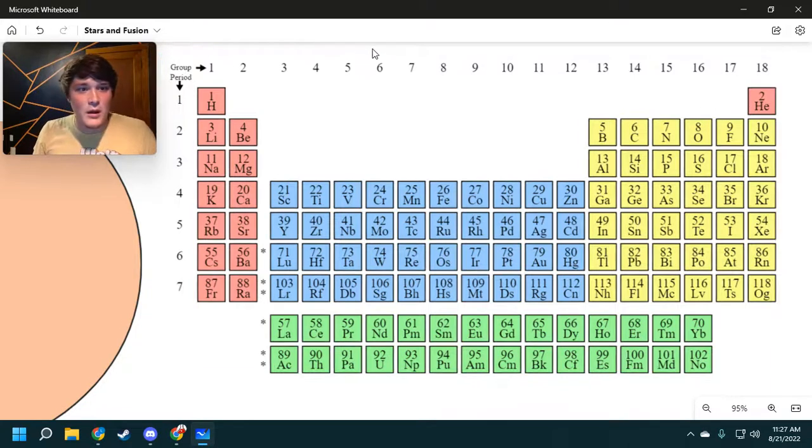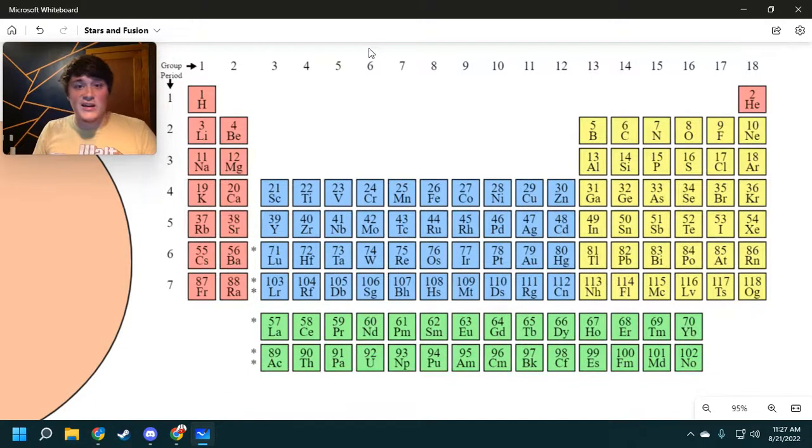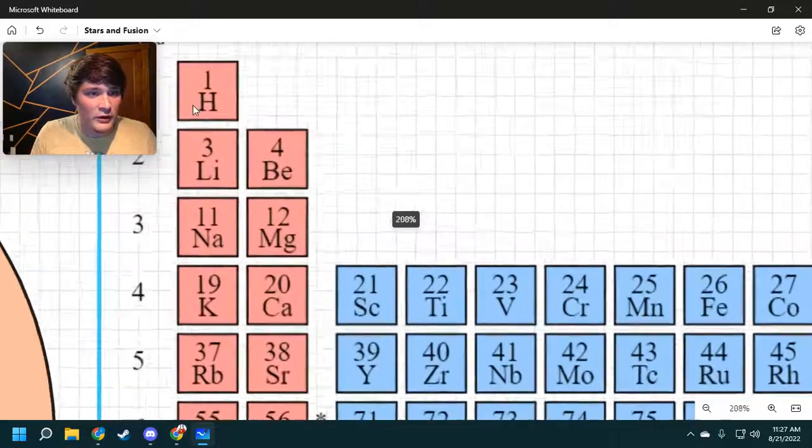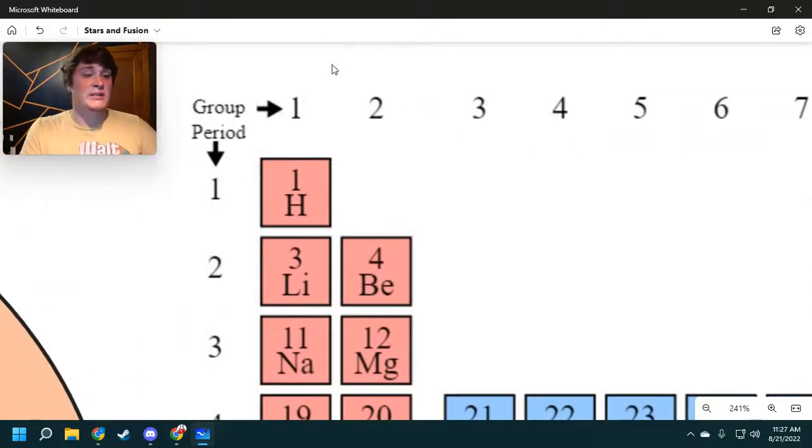Now, in a star, some of these elements exist already. Typically, it starts out with the simplest element, which is hydrogen, number 1 up here. It's the smallest, it is the simplest, it is the lightest weight wise. It has a mass of basically 1.